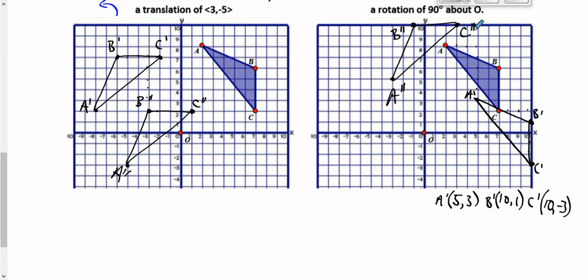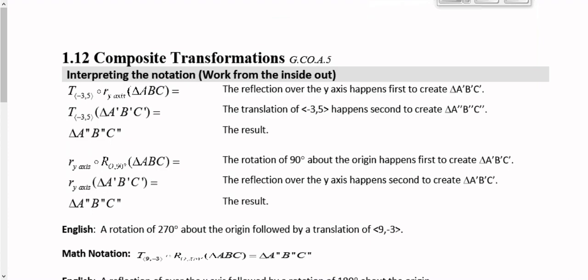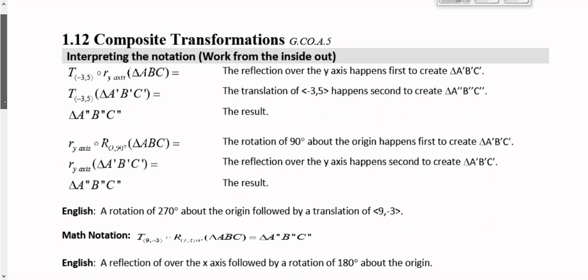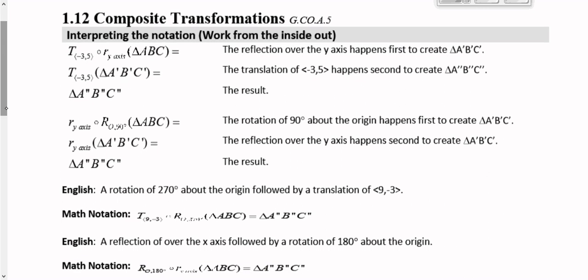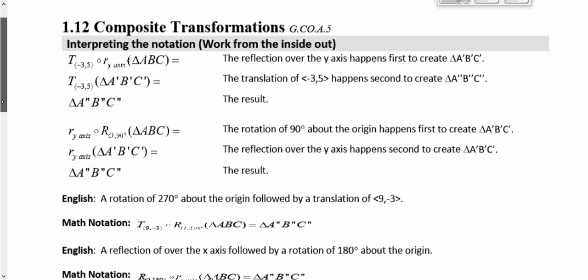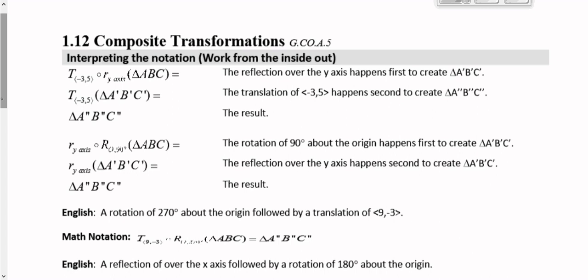Okay? All right, so let's go on to the next page here and talk about some composite notation that you'll see. You're going to need to know your way around. First of all, as we look at this notation, does everybody see this tiny little circle in here?